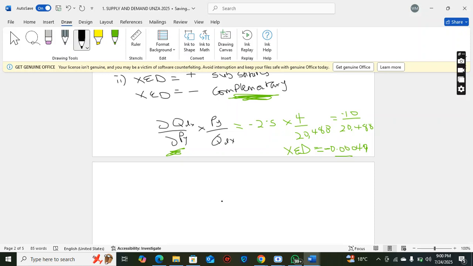So if your income elasticity of demand is positive, you have a normal good. If your income elasticity of demand is negative, you have an inferior good.